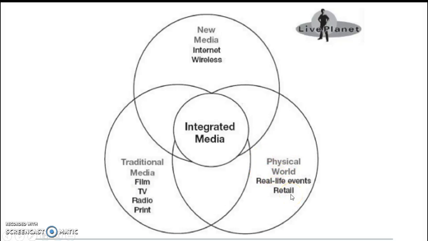Again, a lot of times when we think about technology, we kind of default to just saying computers and online, the internet. And we need to remember that technology comes in many different forms. And again, back to McLuhan, anything that is an extension of our physical bodies is in itself a kind of technology. And that includes things that happen in print, traditional media, and also in the physical world, real life events.